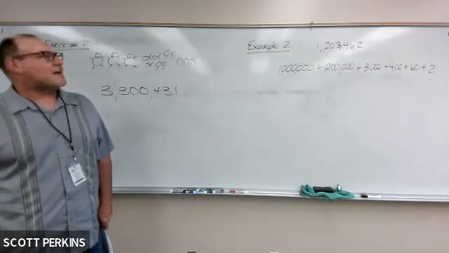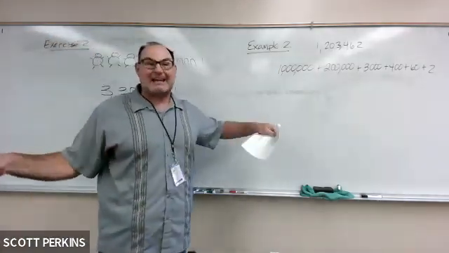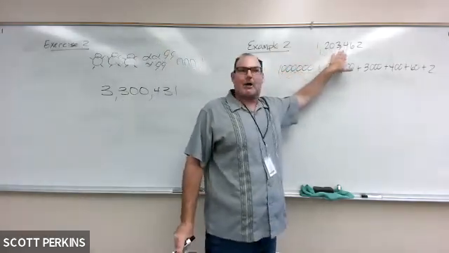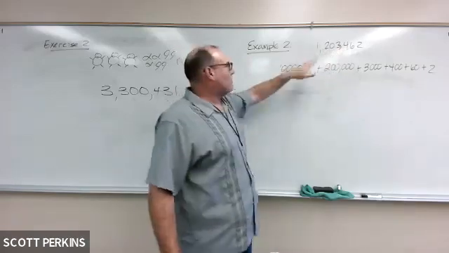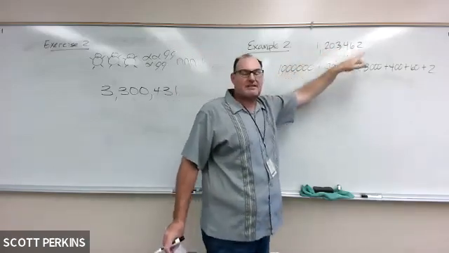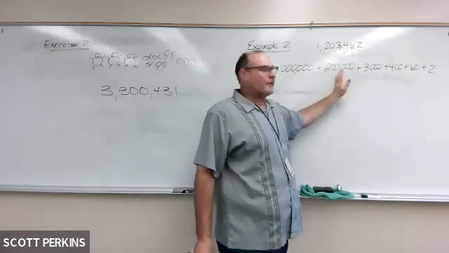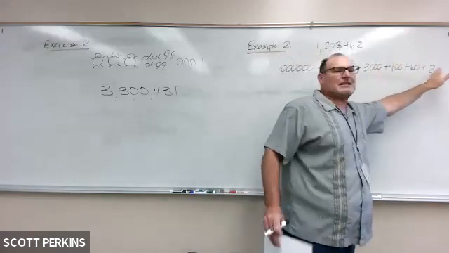Okay, so it's just a matter of using the proper number of symbols. Again, it's completely additive. For this first one, I've broken our Hindu Arabic number up into its component parts. I'm not going to do that for the next one, but 1,203,462 represents 1 quantity of 1,000,000, 2 quantities of 100,000, 3 quantities of 1,000, 4 hundreds, 6 tens, and 2 ones.